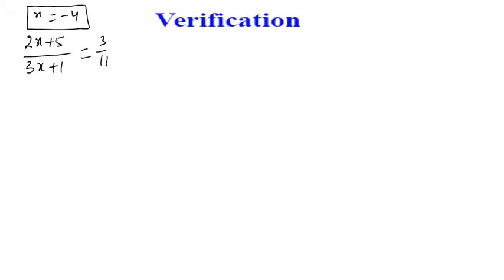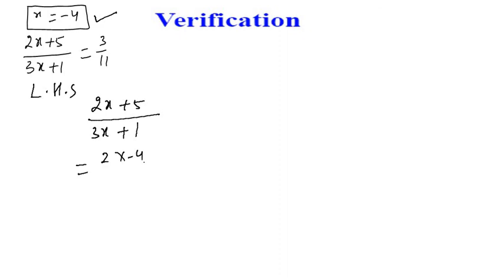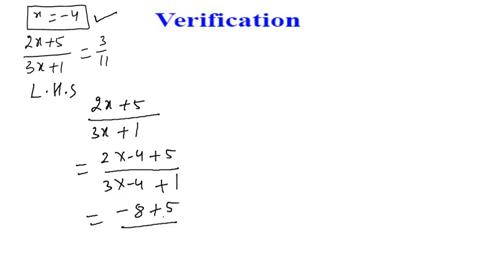Now come to the verification of this answer. Take the left hand side of this question, that is 2x plus 5 upon 3x plus 1. Now put the value of x equal to minus 4 in this equation. Here is 2 into minus 4 plus 5, and here is 3 into minus 4 plus 1. So it becomes minus 8 plus 5, and minus 12 plus 1.